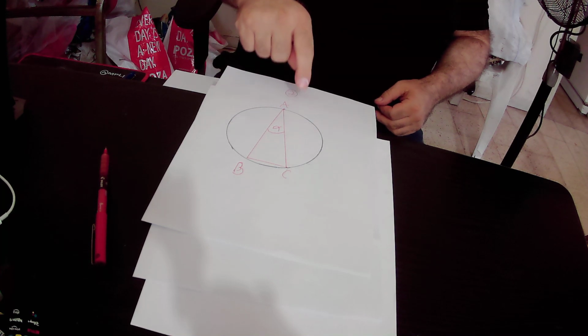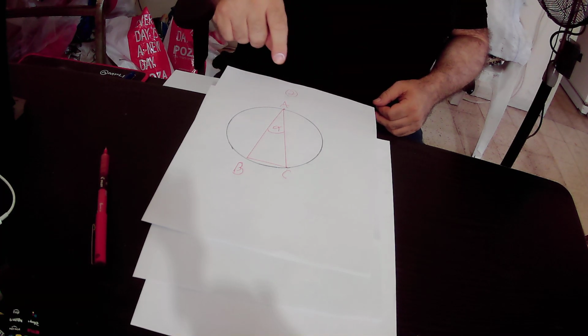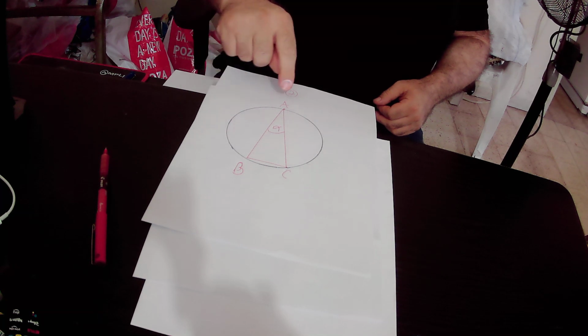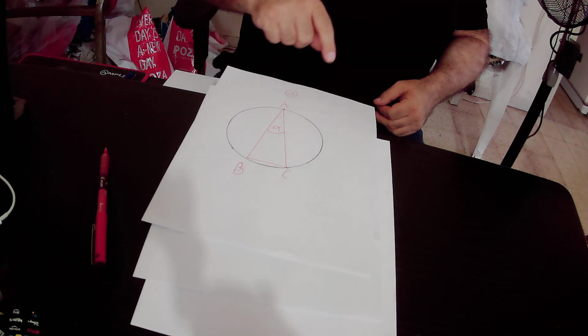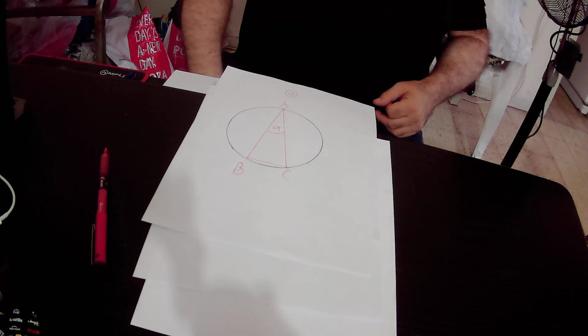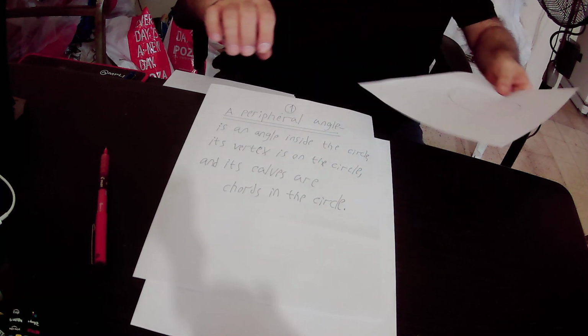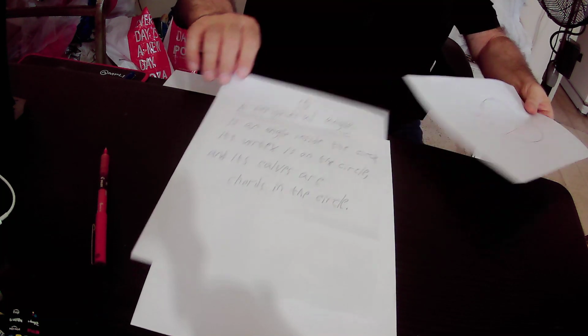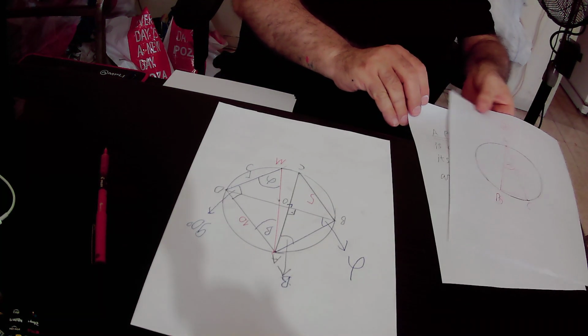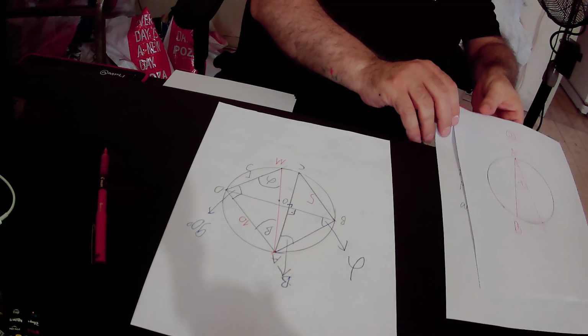Arm AC is a chord in the circle, and arm AB of angle alpha is also a chord in this circle. So that is the definition of a peripheral angle.